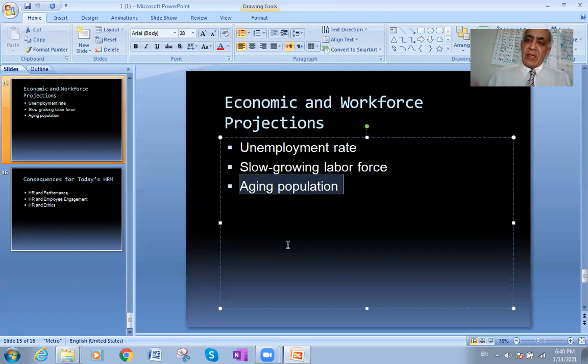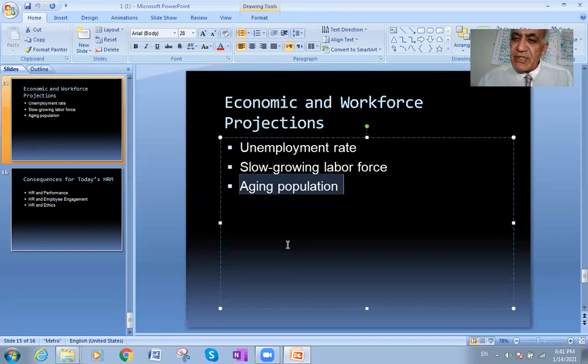So the structure of the working force tends to have no manpower or rare manpower, or a low supply of manpower, because of the problem of aging.